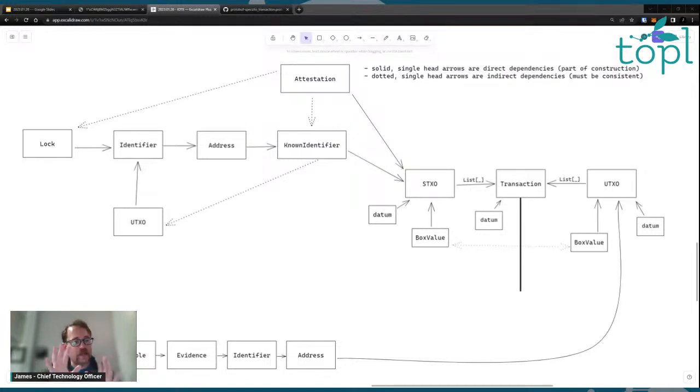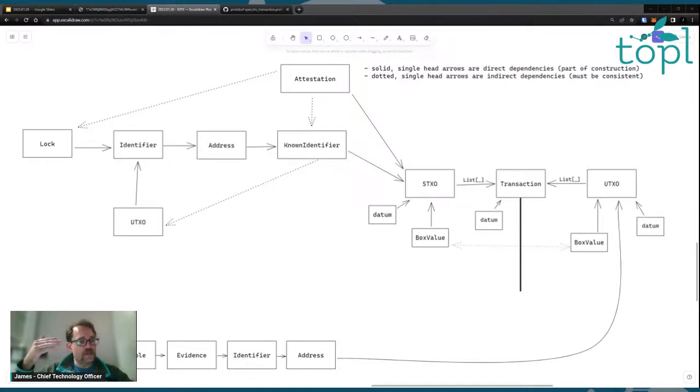We didn't talk about it in the graph when we were going over it, but how you actually enforce that there are no cycles is that you have to generate the IDs every time you create a UTXO. The ID of that UTXO has to be unique, and it can only ever be created once. So the way we do that in practice is that the UTXO ID is the ID of the transaction along with the index of its output.